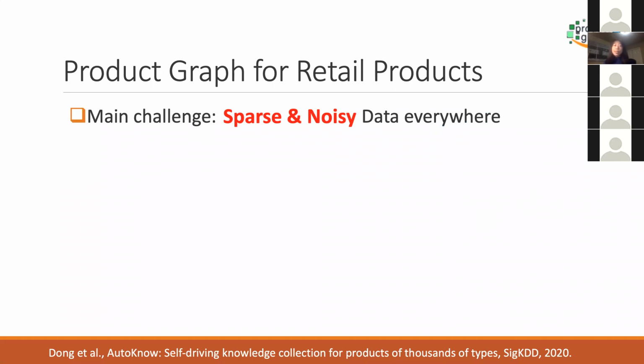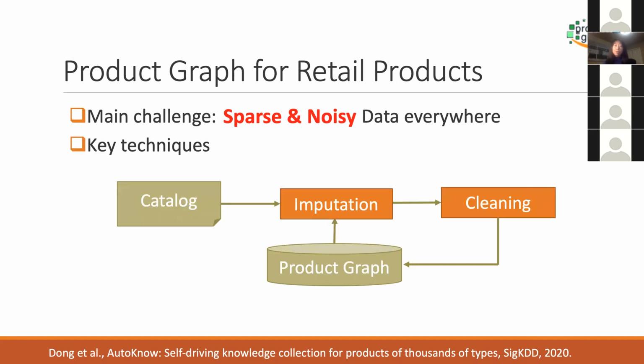We can do the same thing by getting the data from everywhere and putting it together, but garbage in, garbage out. So we need to first do something before we integrate data from different sources. The key technique here is getting data from the catalog, no matter which catalog. We first apply data imputation: we extract the structured data out of the unstructured titles, descriptions, and bullets.